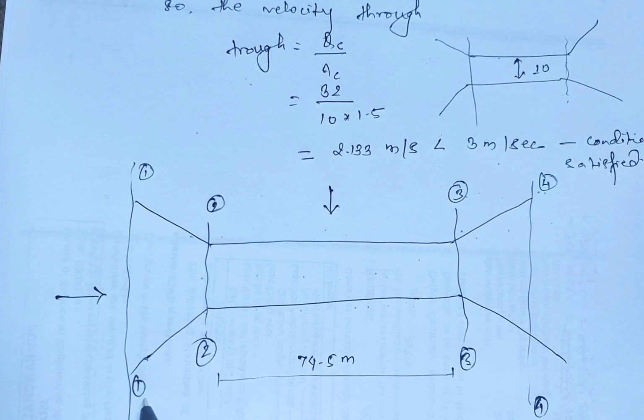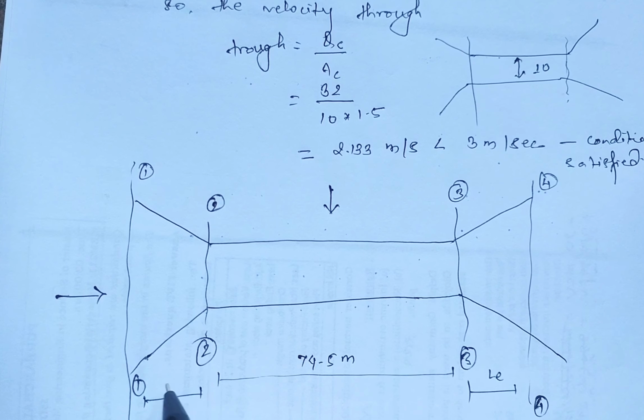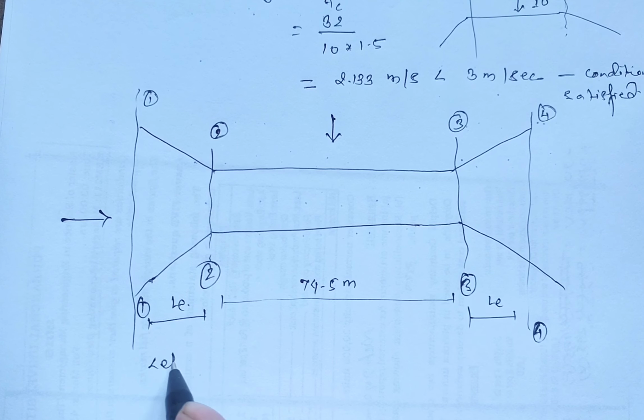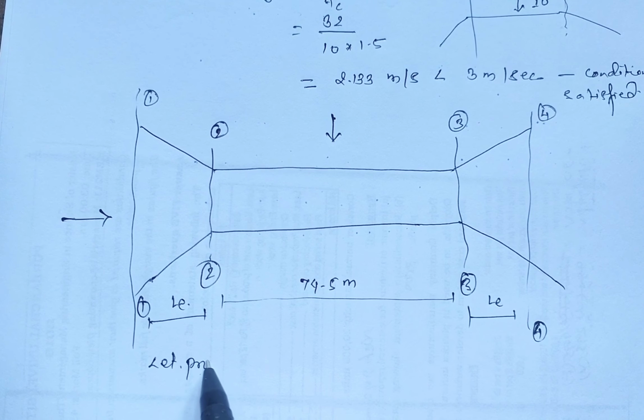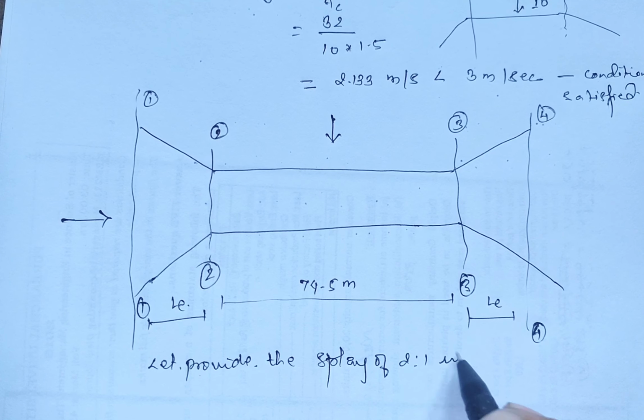Now we will calculate the length of the contraction and the length of the expansion. For this, let us provide a splay of 2:1 in the contraction zone.